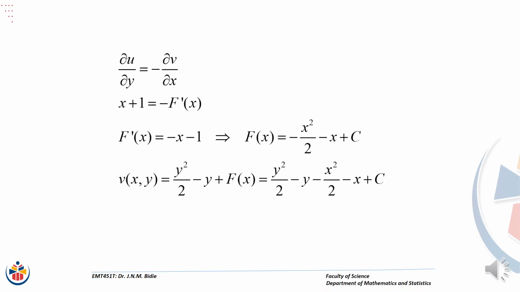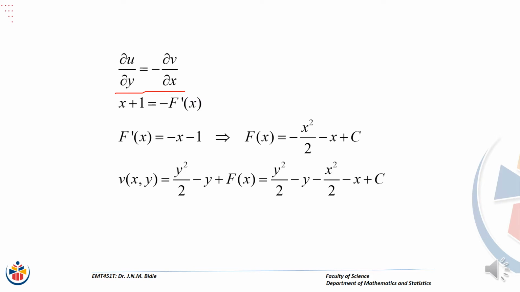The next step is to use the second Cauchy-Riemann equation, du over dy equal to negative dv over dx. We already have the function u, and we already discovered the function v. So we go to those two equations and find the derivative of u with respect to y.